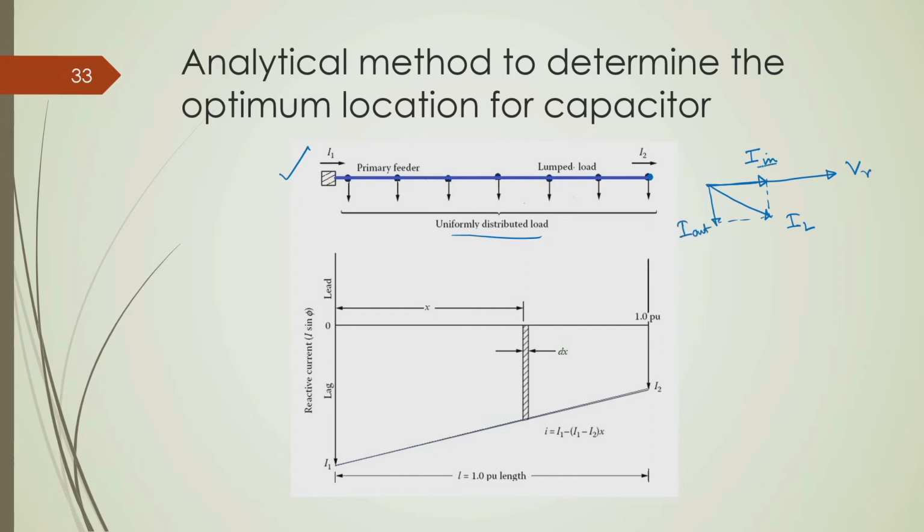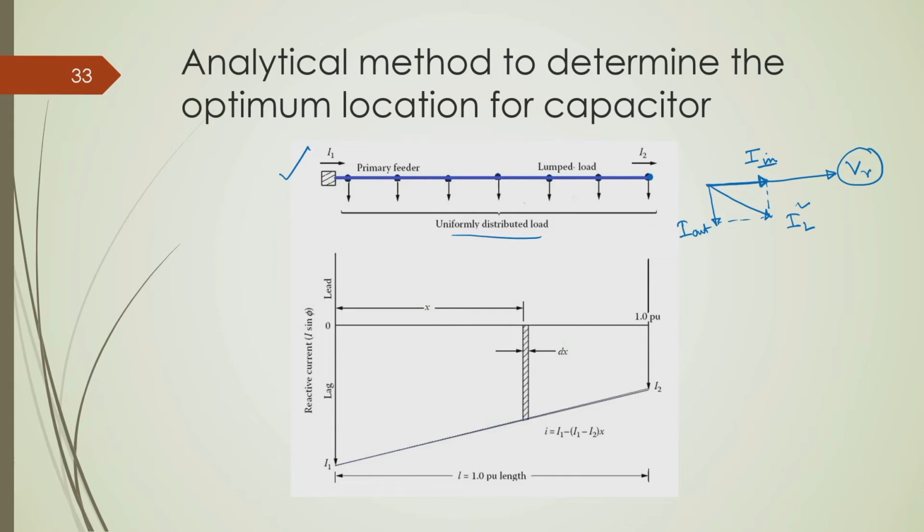So I in represents the in phase component of the current, and I out represents the quadrature component of this load current, which is connected at a point where the voltage is V r.